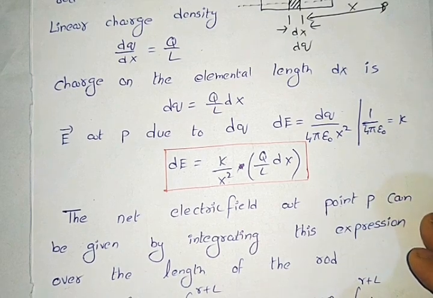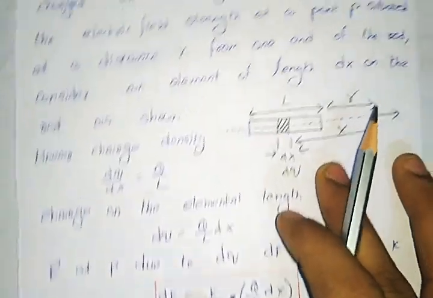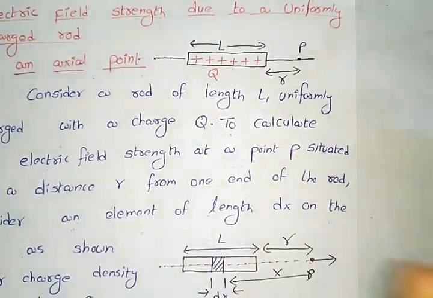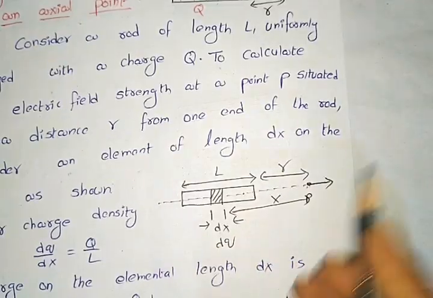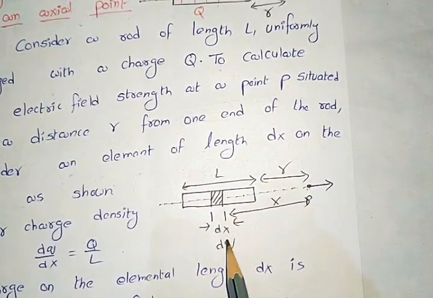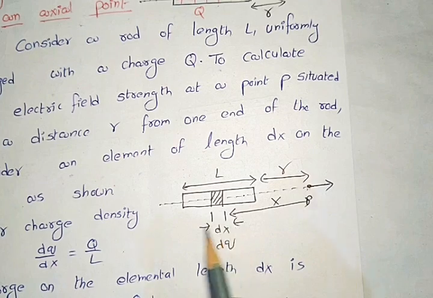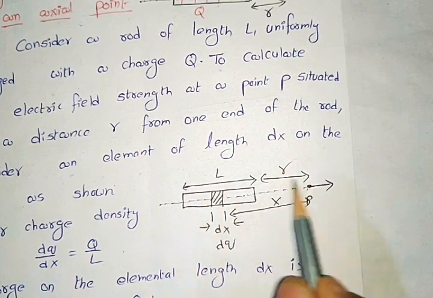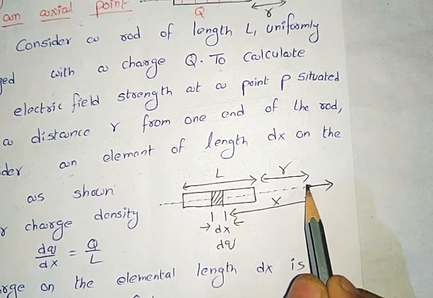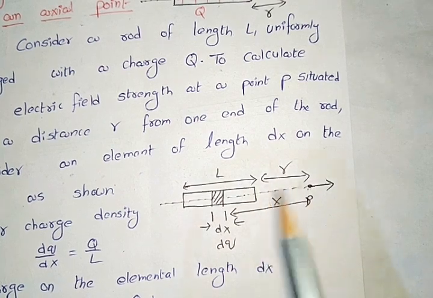Now we got the result at this particular point P due to the element dq. By integrating this result we can find the total electric field intensity at this point P. For integration we need the limits.